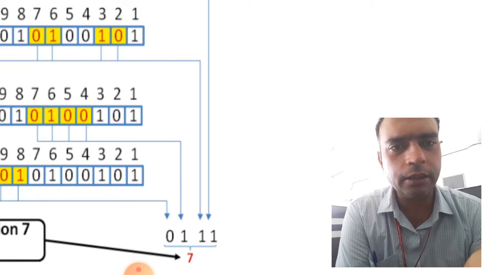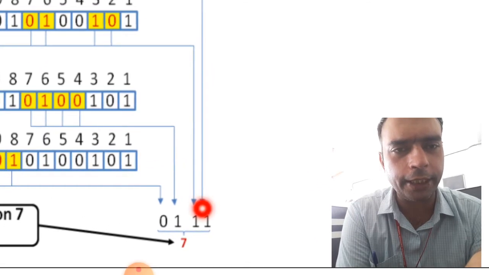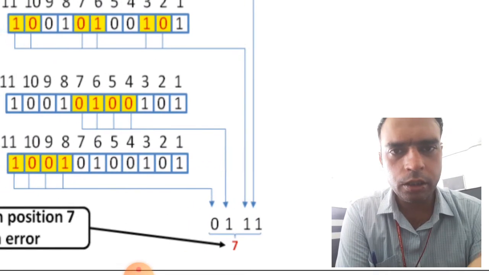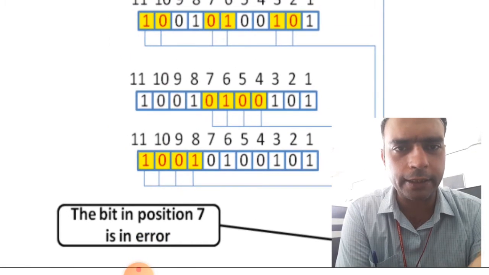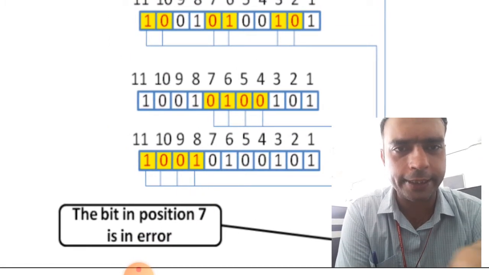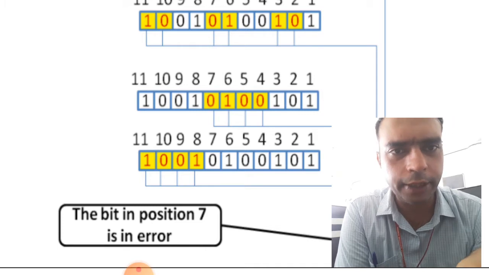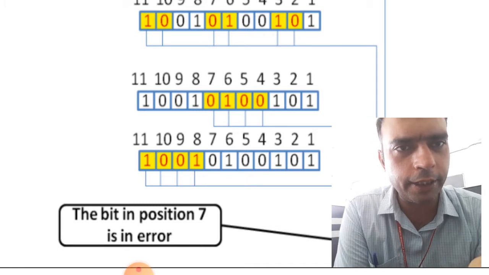Finally, the code that we are getting is 7. So 7 shows that the bit in position 7 is in error, right. So bit in position 7 is in error.